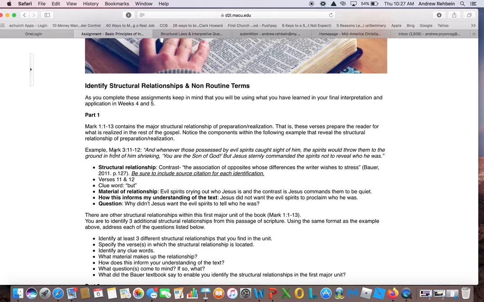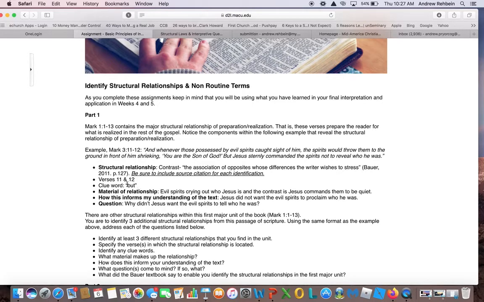But then don't overcomplicate the format of this assignment in week 3. You just simply find your structural relationship. You're going to define it from the Bauer textbook, and then you're going to say the exact verses that it is found in, then the clue word, or the clue that led you to that observation.